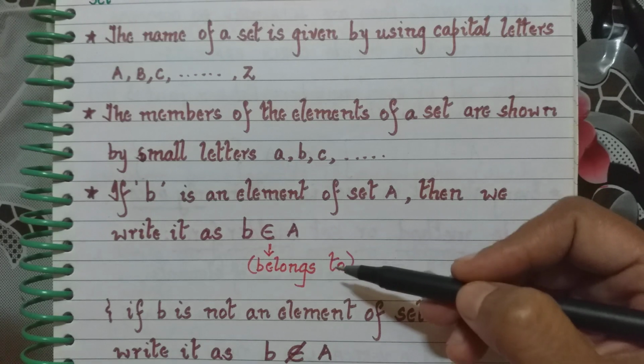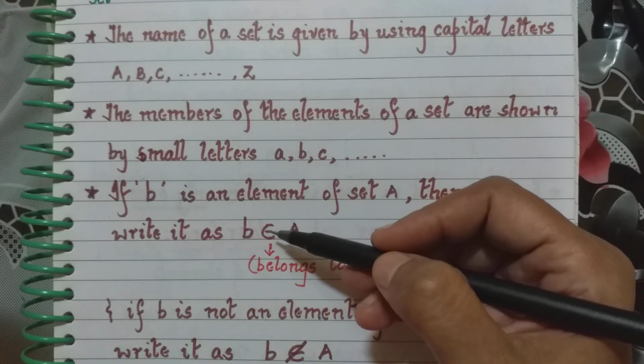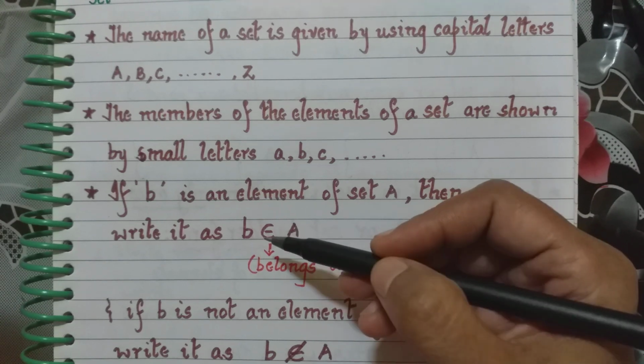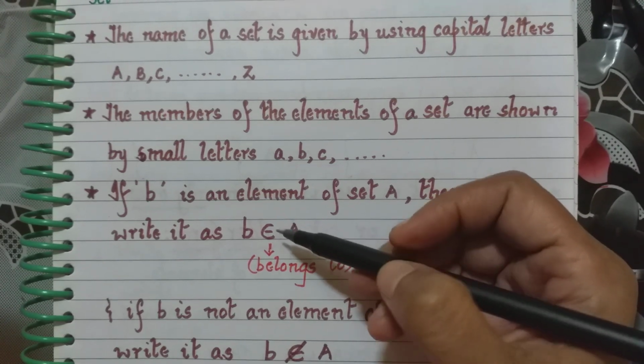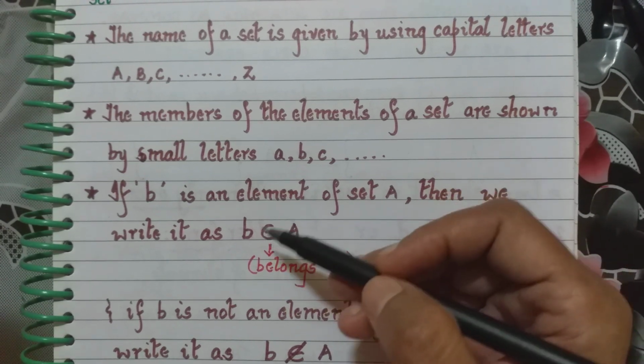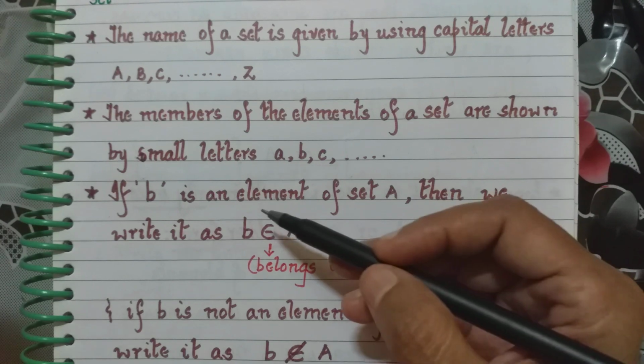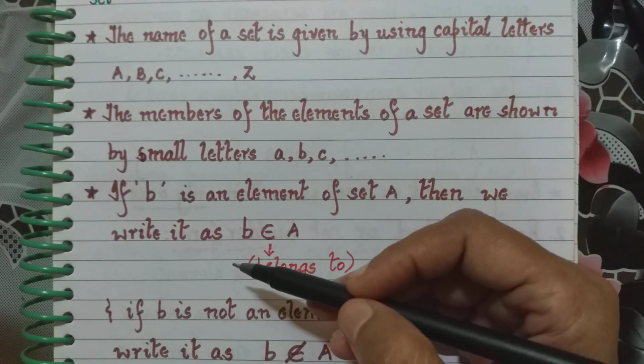So you see here I have put an arrow mark and written belongs to, for you to understand that this symbol represents belongs to. And if suppose this element b does not belong to set A, how do I write does not belong to? I write this belongs to symbol and cut it. Just like when we write equal to is the equal to sign and not equal to will be equal to with a cut on it.